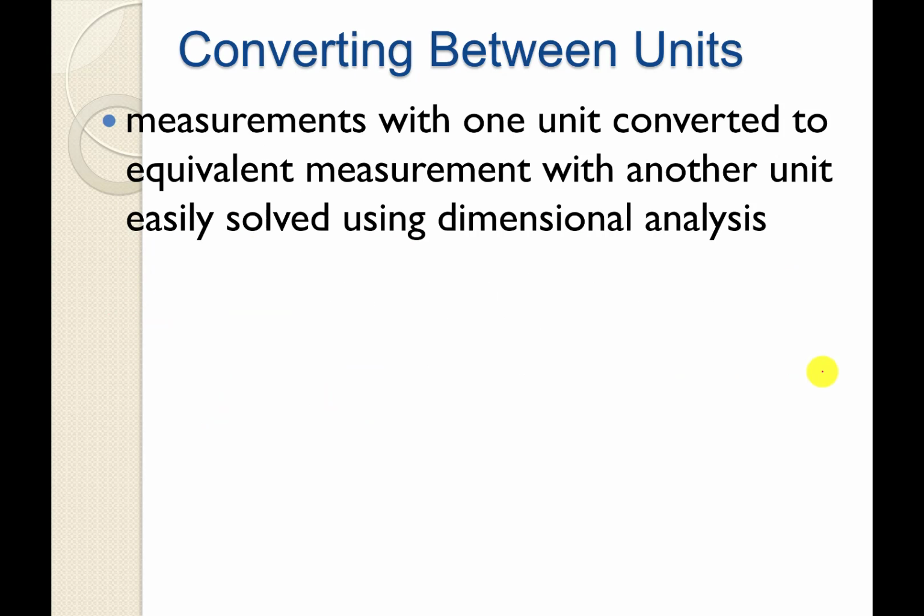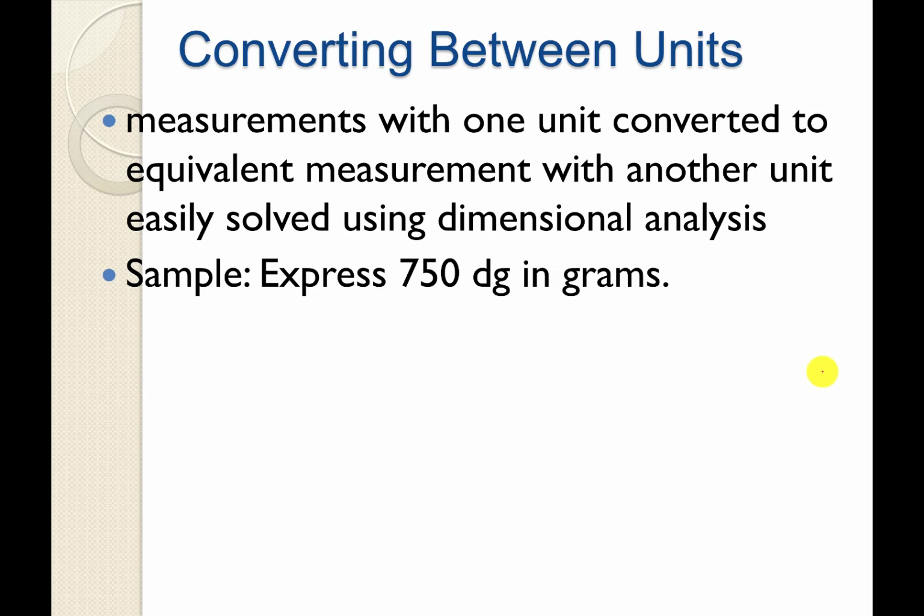All right, converting between units. Measurements with one unit converted to another equivalent measurement with another unit are easily solved using dimensional analysis. Okay, here's the example, and this uses a funny measurement called a decigram. Okay, and a decigram is essentially 1/10 of a gram.